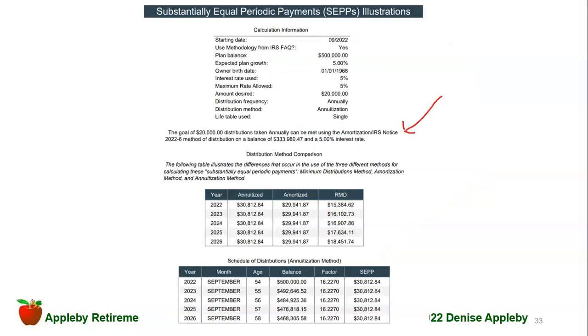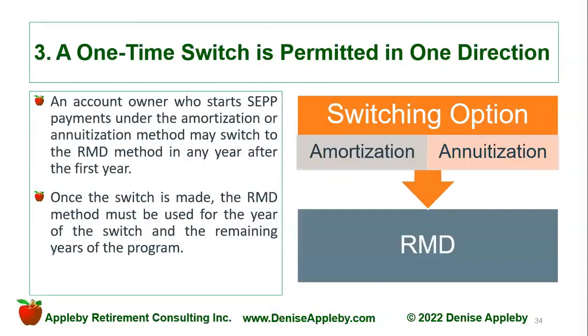How much do they need to transfer to a separate IRA to give them $20,000 per year? You'll see here that all they need is $333,980. So you transfer that to a separate IRA, then you run the 72T program on that amount.